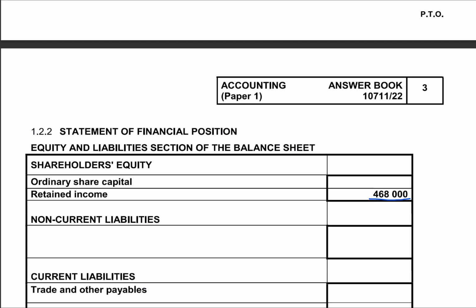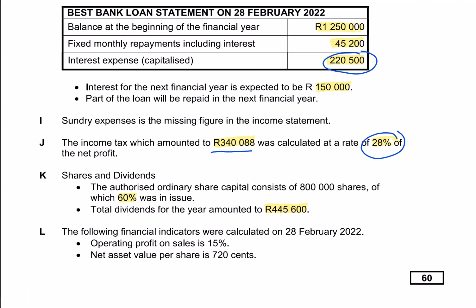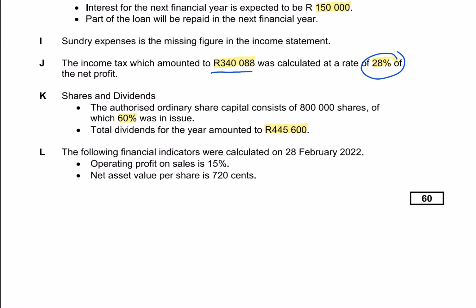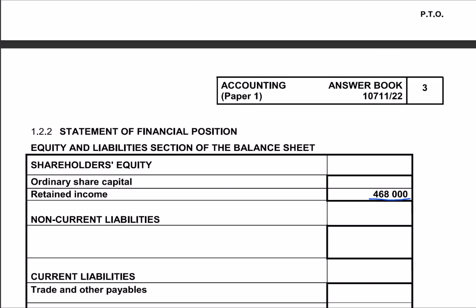It's the financial analysis that basically did the whole thing. Remember, I used this to calculate operating profit, so we're going to use this to calculate the ordinary share equity.